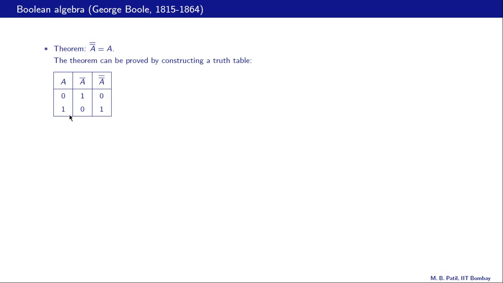If A is 1, A bar is 0 and the bar of that is 1. Therefore, for all possible values that A can take, namely 0 and 1, A bar bar is the same as A because these two columns are identical, and therefore we can say that A bar bar is the same as A.